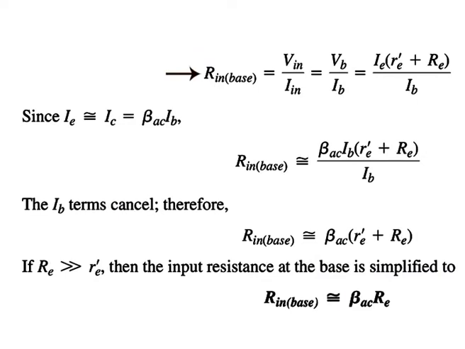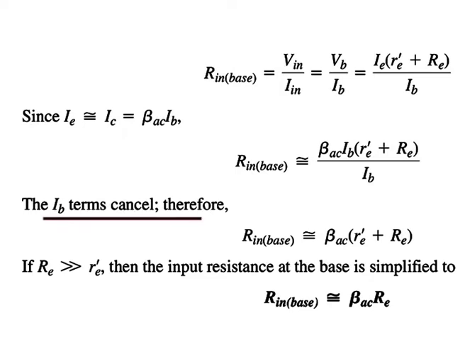Rin base is equal to Vin over Iin and is equal to Vb over Ib and again is equal to Ie times r'e plus Re over Ib. Since Ie is approximately equal to Ic and is equal to beta AC times Ib, Rin base is equal to beta AC times Ib times r'e plus Re over Ib.